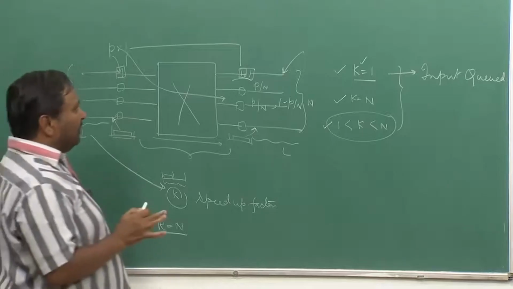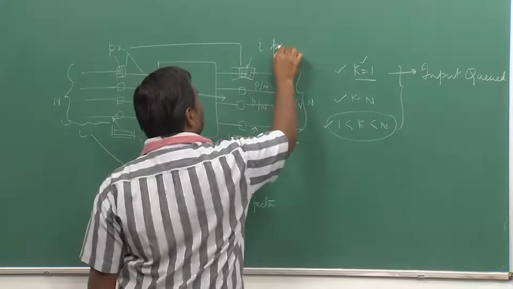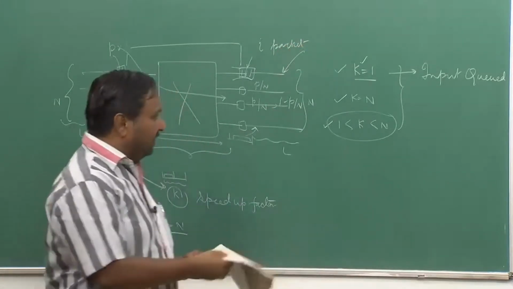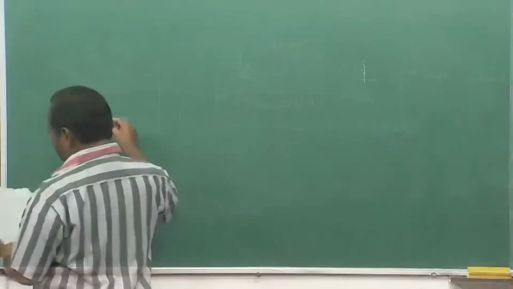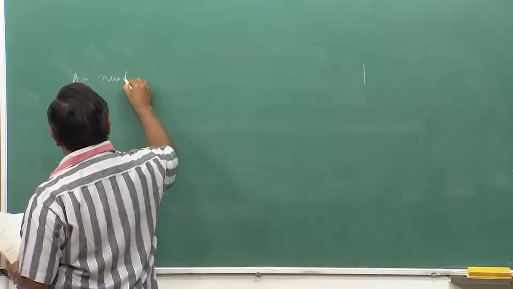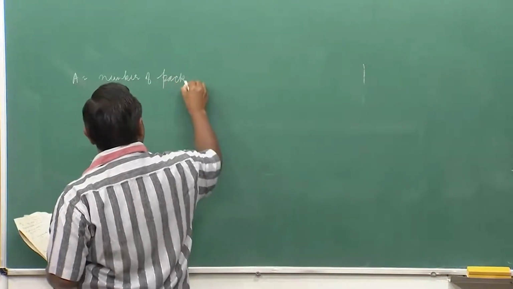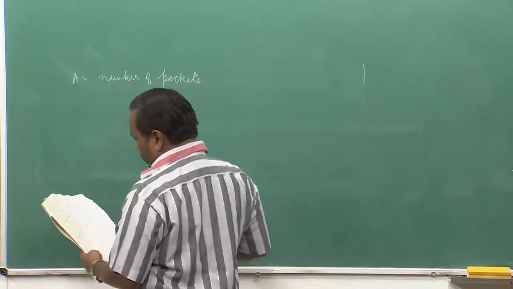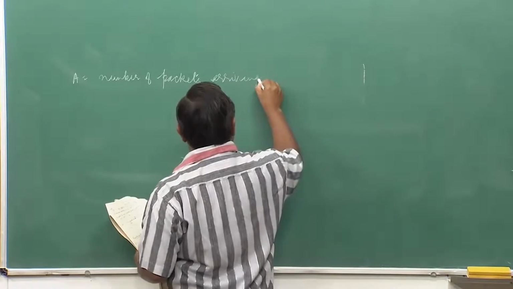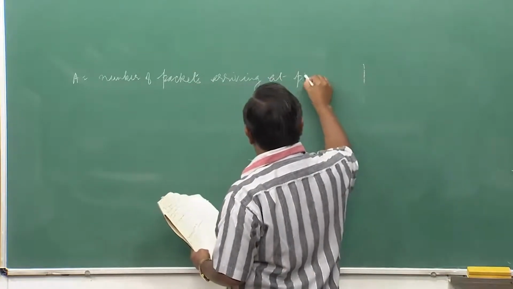So, what is the probability that I will get i packets in a slot? I define this as a parameter. We call it A, which is the number of packets arriving at a particular output.